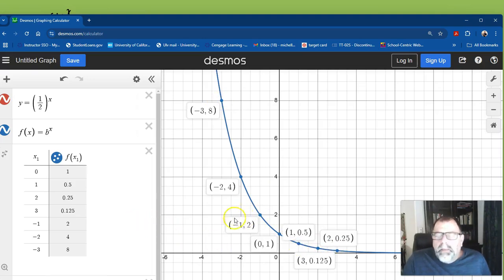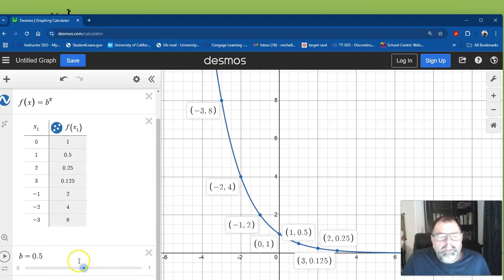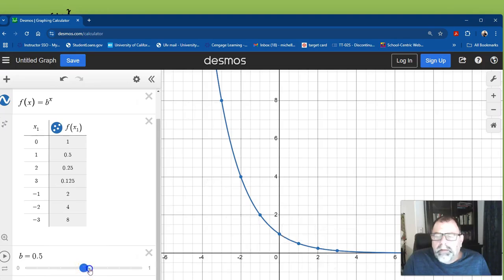And then you can see as we change the B, same idea. So as it gets closer to 1, it's going to get closer to that horizontal line. At 1, it's the horizontal line. So it flips around the y-axis, sorry.